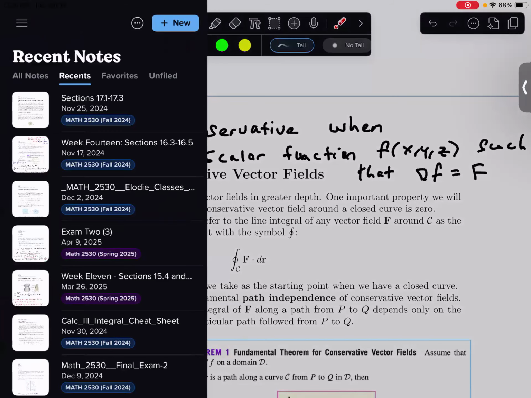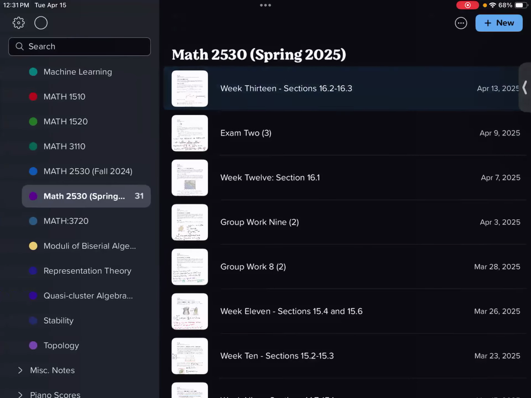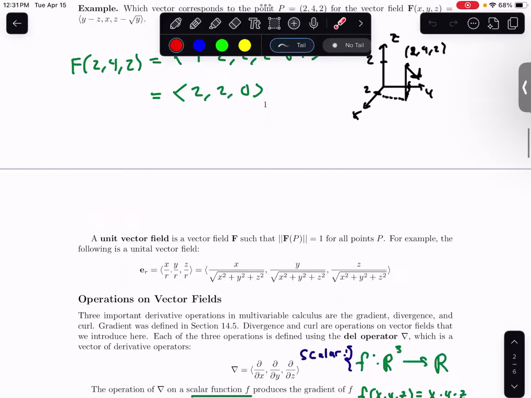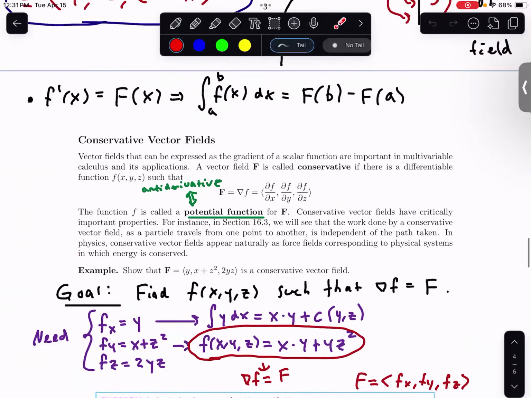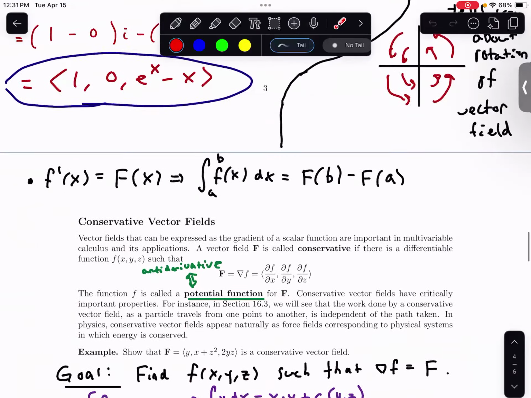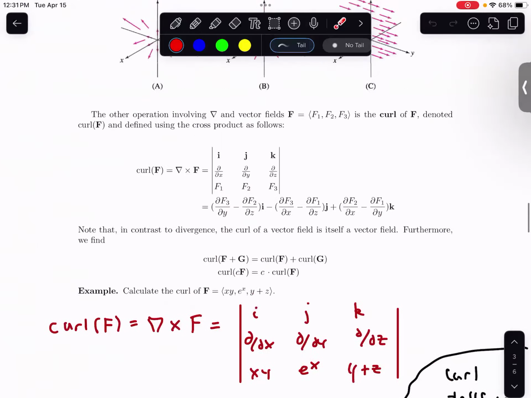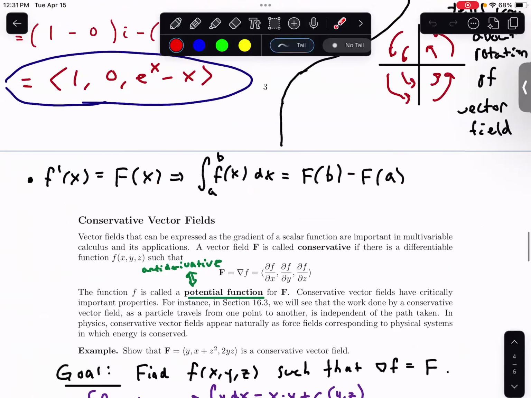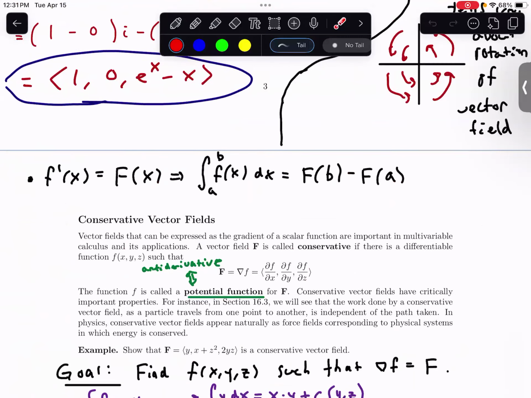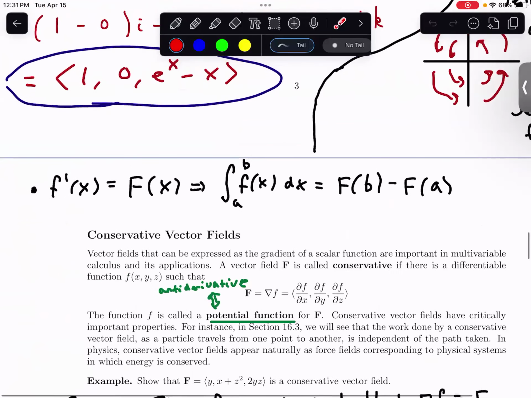Let me see if I can find the notes that we did last week. I kind of made a big stink of it, I was talking about it for a long time, right? I was saying this little f is kind of like a potential function for big F in the sense that big F is equal to the gradient of little f. It's kind of like saying the derivative of little f is equal to big F right here.